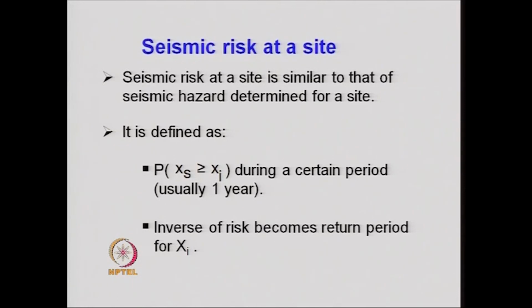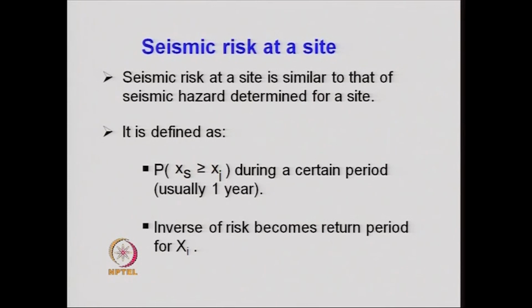Now let's come to the seismic risk at a site. Seismic risk at a site is similar to that of seismic hazard determination. Now the seismic risk means, again, the probability of exceedance of a certain earthquake measurement parameter.